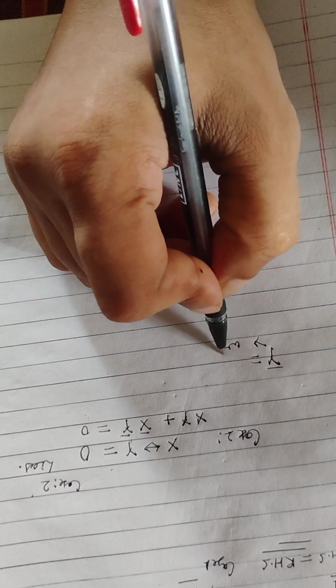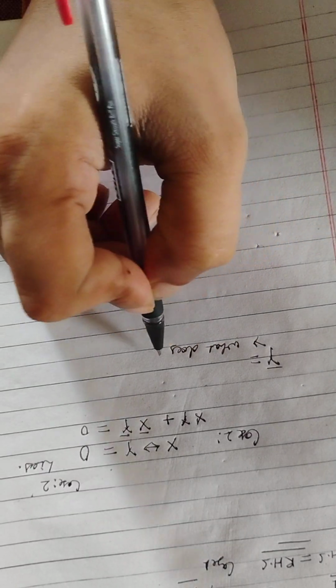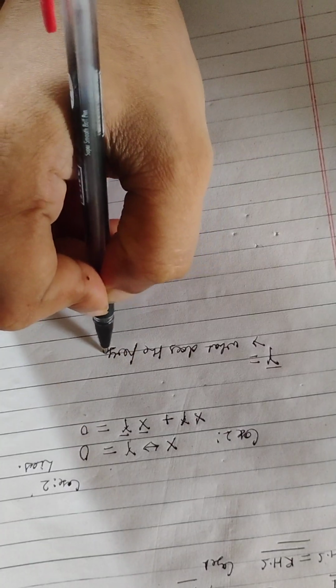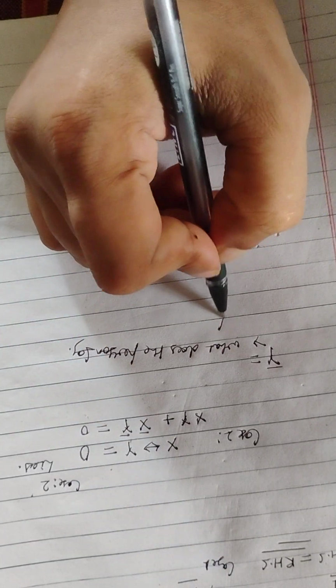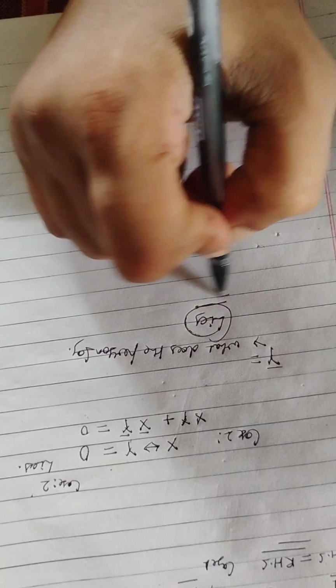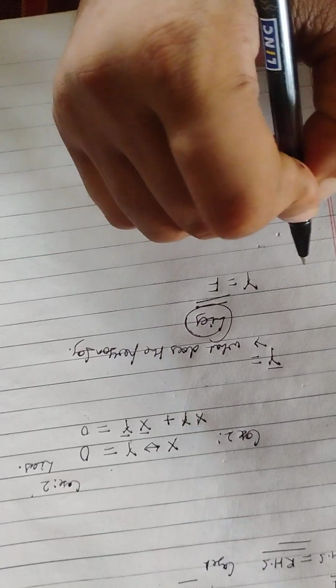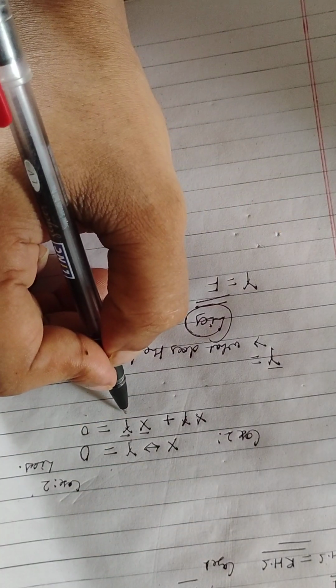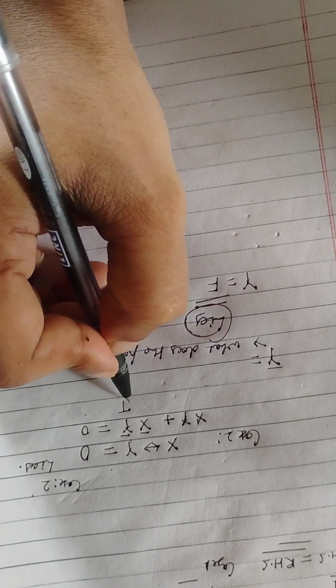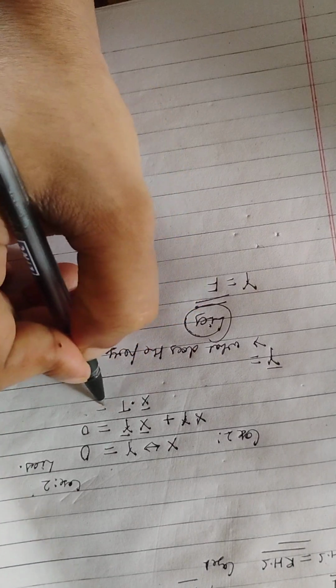What does the person say? He says lies. He always lies. Therefore, this y should be equal to false, right? Then y bar should be equal to true. Here is true into x bar.